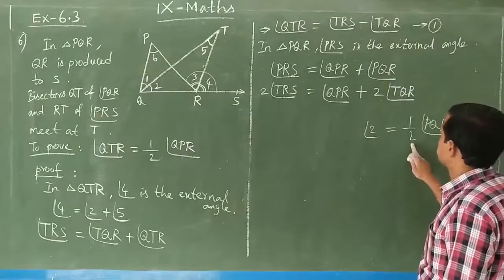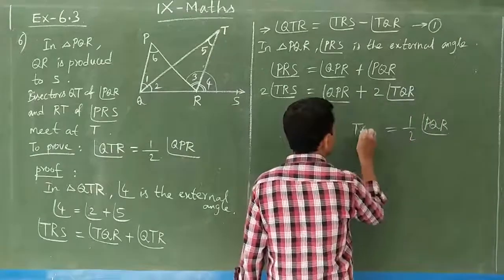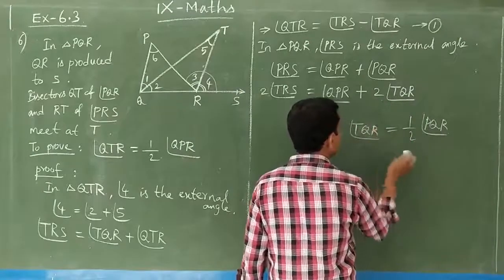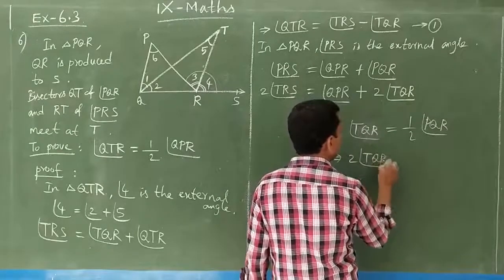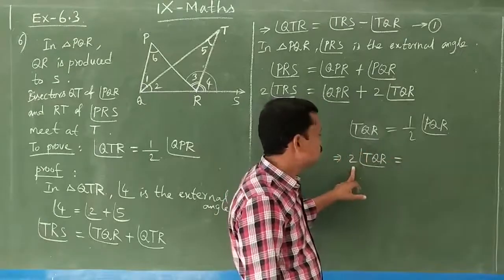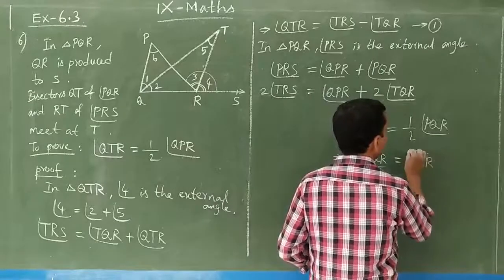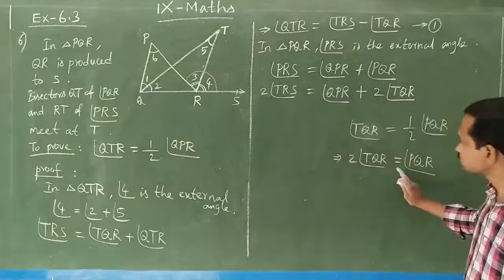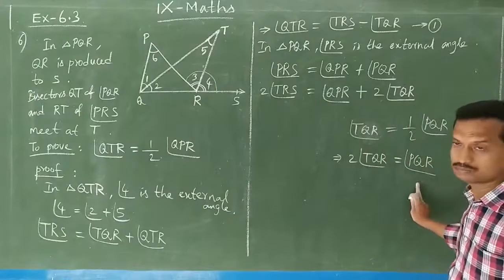Okay. Suppose if you take this here, what is angle 2? That is TQR. Angle 2 is nothing but TQR. So this implies, if you bring this 2 to the left side, 2 into TQR is nothing but angle PQR. Clear? Now you see 2 into angle TQR is equal to PQR.